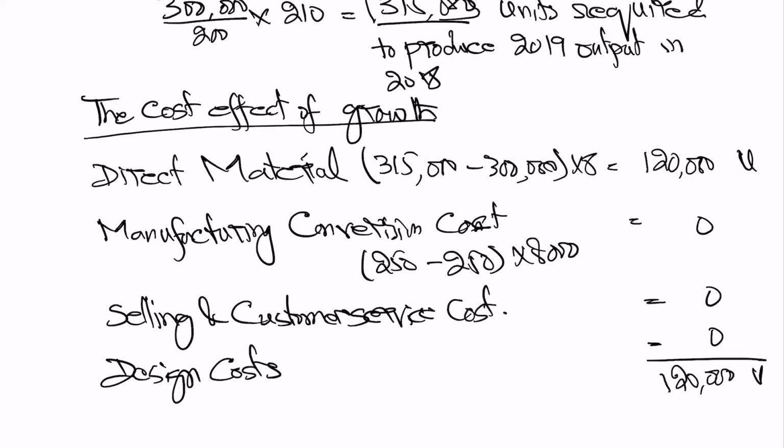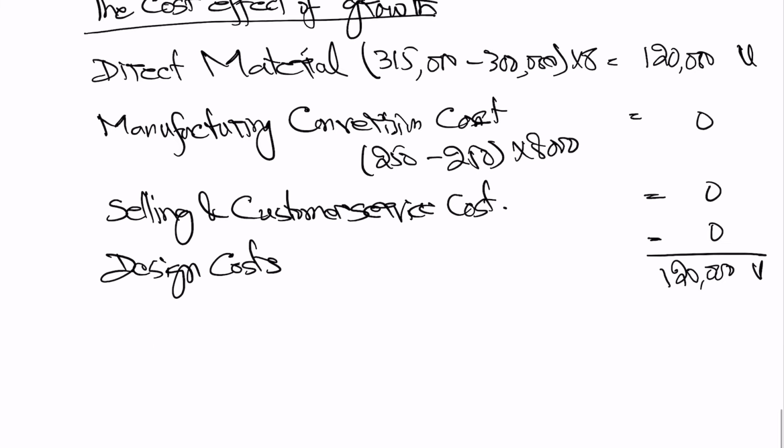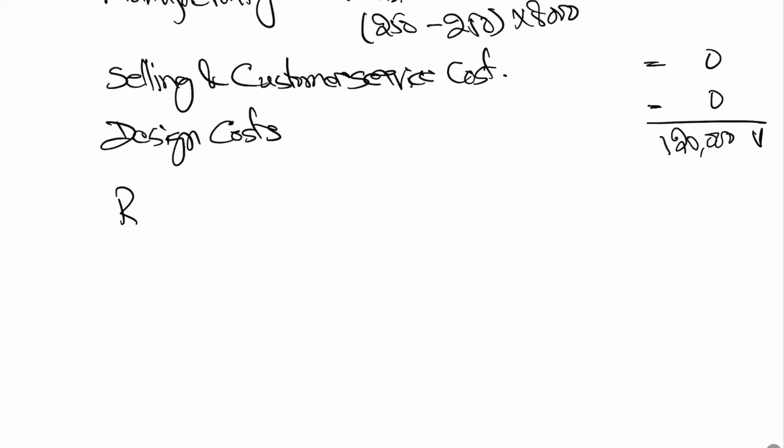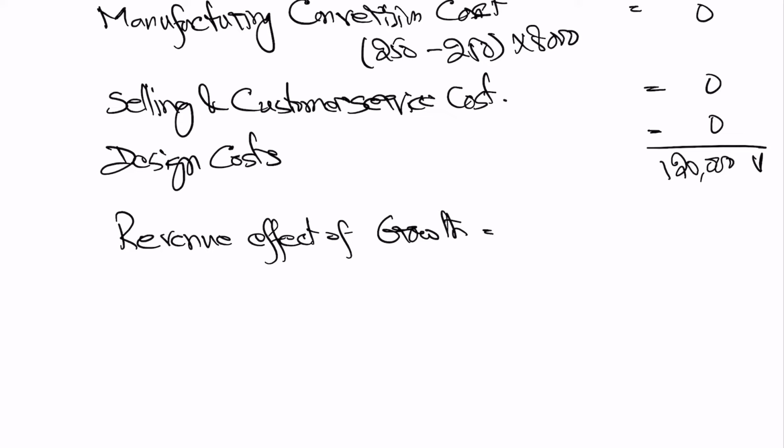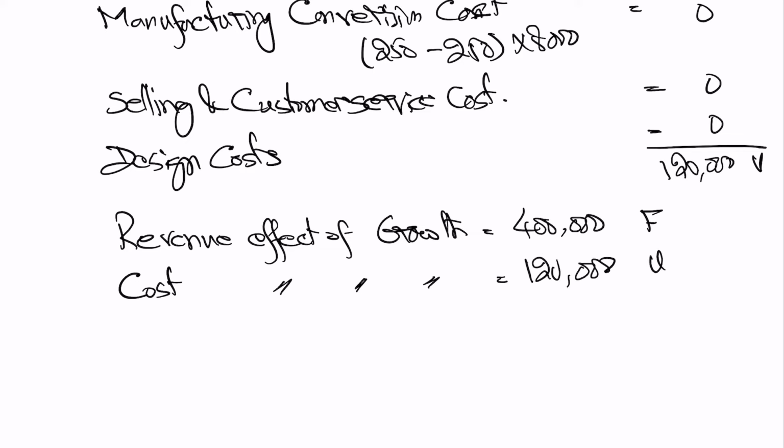So there is 120,000 unfavorable. And we know the revenue effect of growth is $400,000 favorable, and the cost effect of growth is 120,000 unfavorable, right?